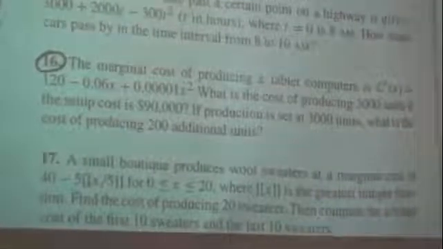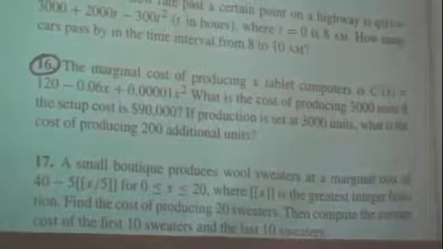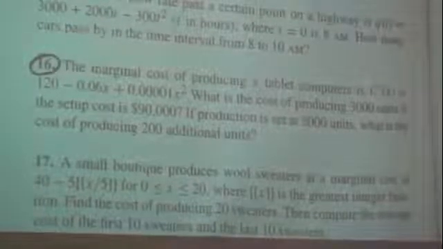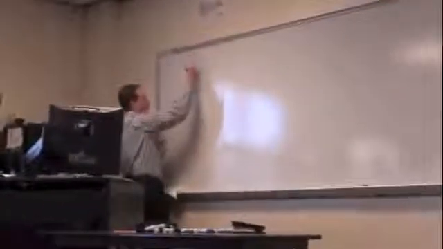And then it says, what is the cost of producing 3,000 units if the setup cost is 90,000? And then it says, if the production is set at 3,000 units, what is the cost of producing 200 additional units? Okay, so when we go in and try to attack this question, section 5.5, number 16.